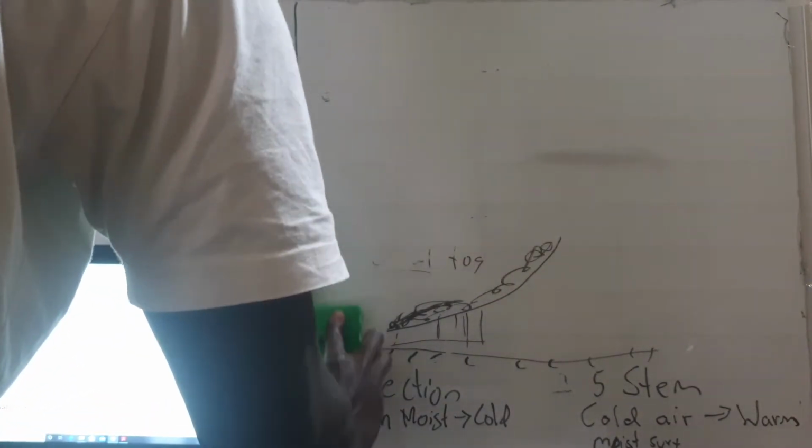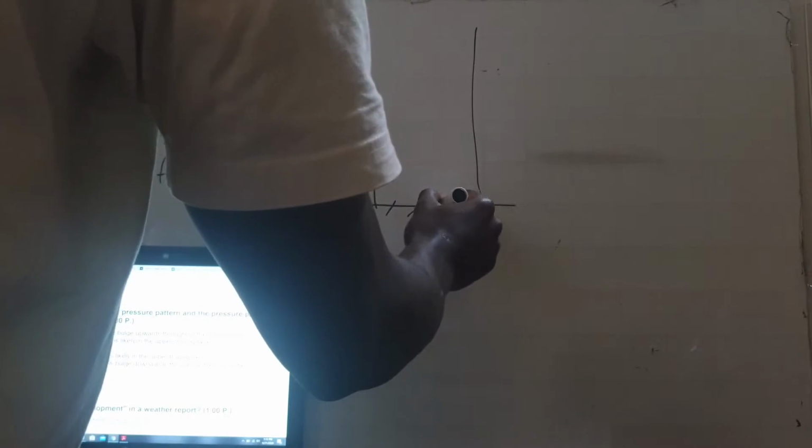If you want to know more about it, you can go back to that video on high pressure systems. So they're asking for the relationship between pressure at the surface and pressure at high altitude.